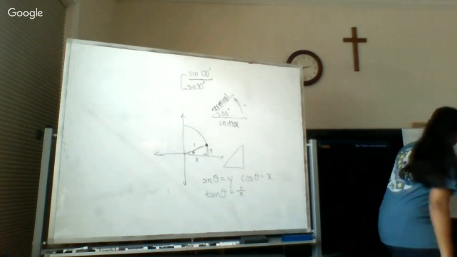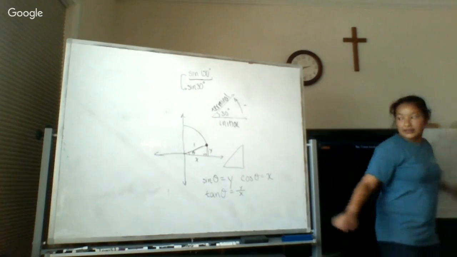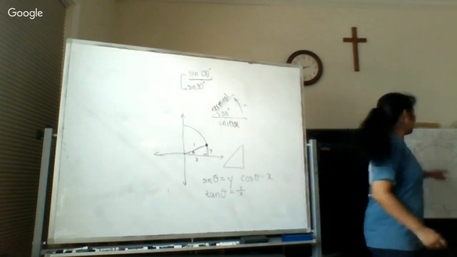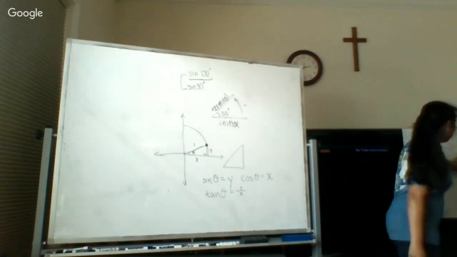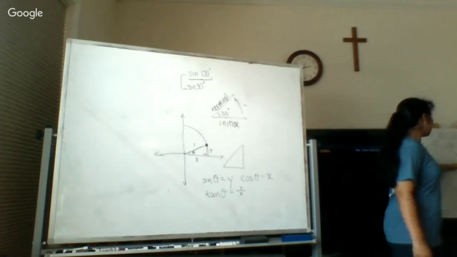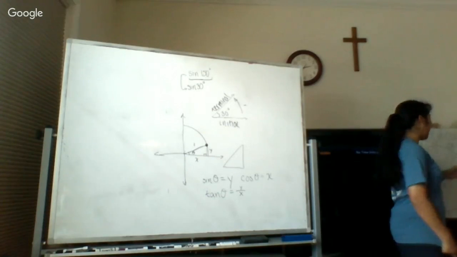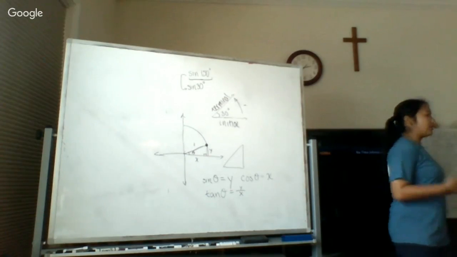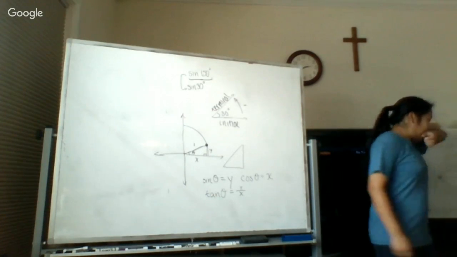So we go to 30 degrees, which happens to be this one, and then sine is the y coordinate. If we looked at the y coordinate going straight across, we'd find that it's half. So the unit circle is a tool that people use to help them find sine and cosine of various different angles without having to memorize it. Yeah. Okay.